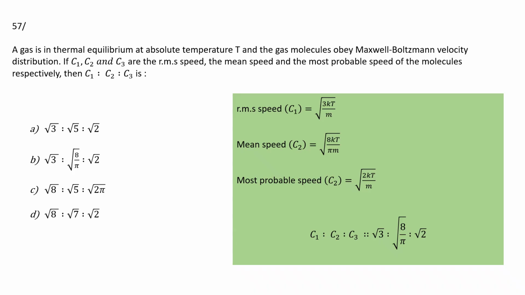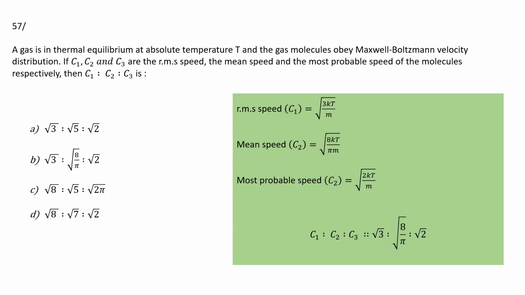Then if C1, C2 and C3 are the RMS speed, the mean speed and the most probable speed of the molecules respectively, then C1 is to C2 is to C3 is. तो हमें क्या दिया गया है, हमारे पास एक गैस है जो कि थर्मल इक्विलिब्रियम एब्सोल्यूट टेम्परेचर T पे है और वो मैक्सवेल बोल्ट्जमैन वेलोसिटी डिस्ट्रीब्यूशन को ओबे कर रहा है और हमारे पास उसका आरएमएस वेलोसिटी है, मीन स्पीड है और मोस्ट प्रोबेबल स्पीड है और हमें क्या निकालनी है, इन तीनों के बीच का रेशियो क्या होगी.